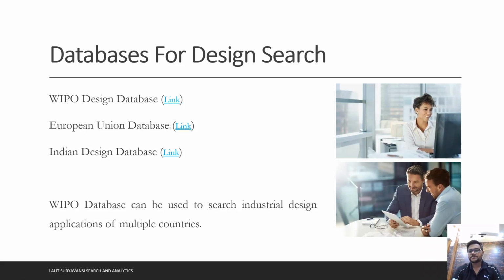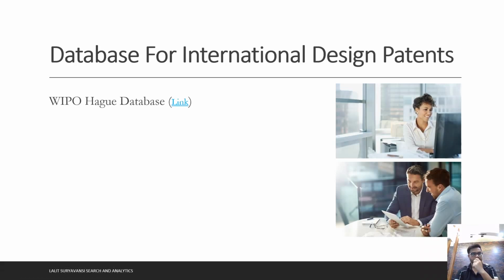WIPO is one such database where you can go and perform searches for multiple countries. Otherwise, all the other databases give access to only their respective nations' or countries' filed patent applications. For searching international design patents, there is again a section in the WIPO database which is dedicated to Hague applications.